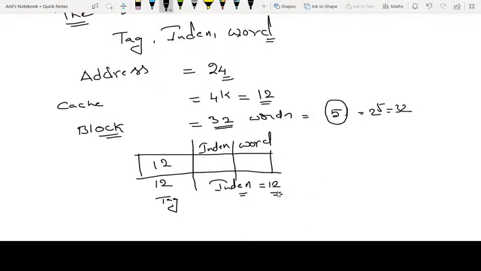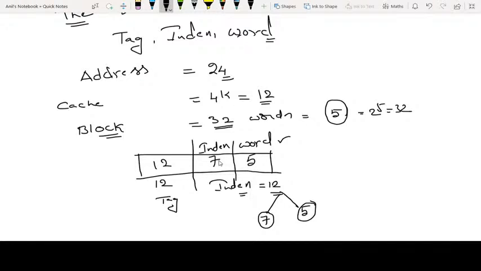So these 12 bits will be divided into two portions: the least significant 5 and the remaining 7. You got me? These least significant 5, you plot in the final field. You will call it the word field. And this remaining 7, you plot in the index field.